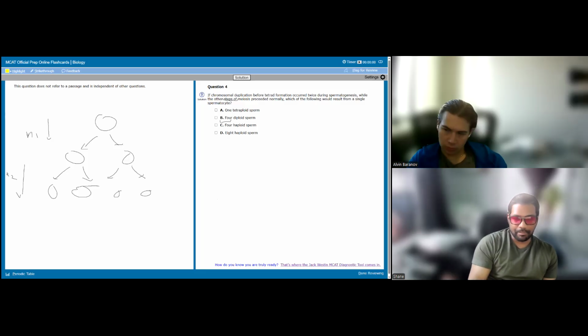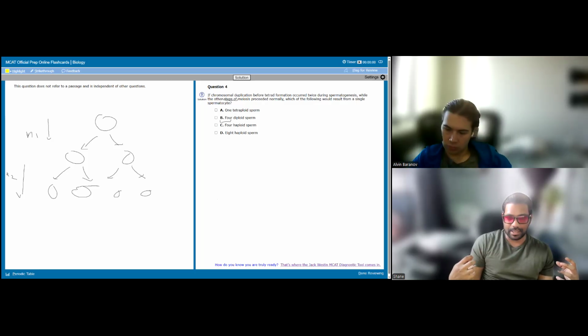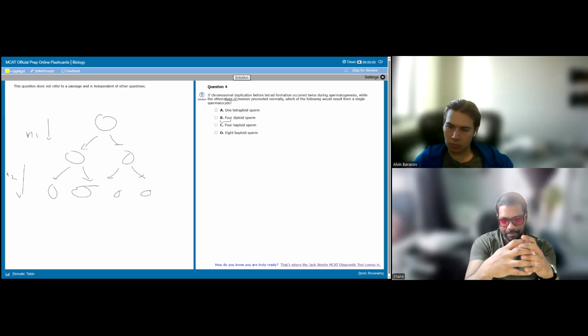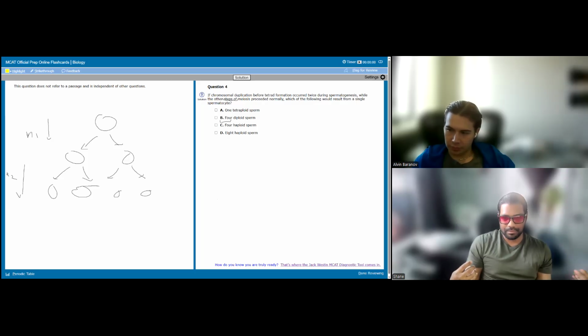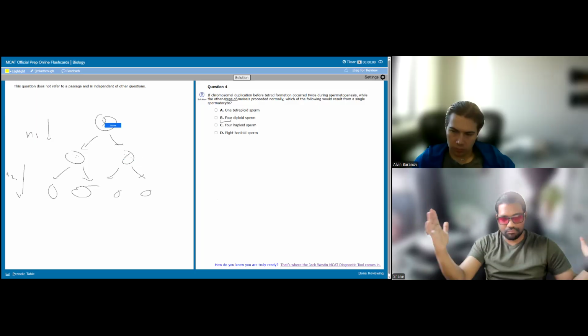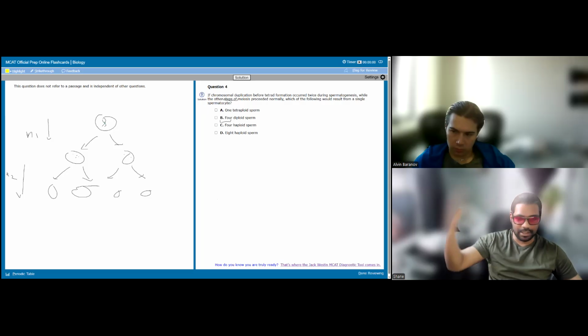Because anytime you have meiosis or mitosis, which means you're taking one cell and dividing it into two, you need to double the DNA before that so that each daughter cell has a copy. Like if you just had one DNA strand and you make two cells, one DNA strand is going to one cell, the other going to the other cell.